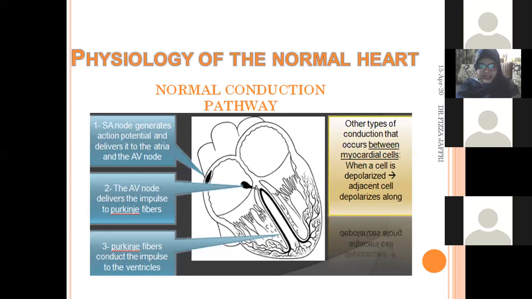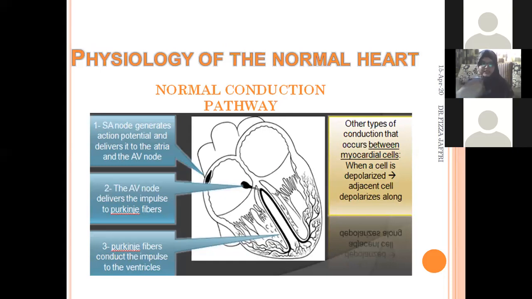So there's an SA node in the right atrium. In the right atrium, you have an SA node that generates the impulse. From there, the action potential travels down to the atria and to the AV node. From the AV node, it goes to the bundle of His, and the bundle of His is divided into right bundle and left bundle and Purkinje fibers. So the SA node generates the impulse and delivers it to the atria and the AV node.